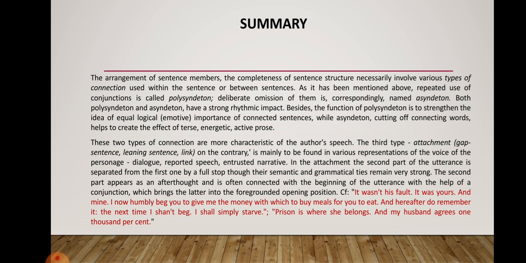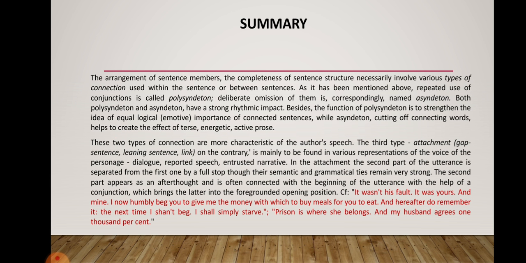Now let's conclude what has been considered within this lecture. The arrangement of sentence members, the completeness of sentence structure necessarily involve various types of connection used within the sentence or between sentences.